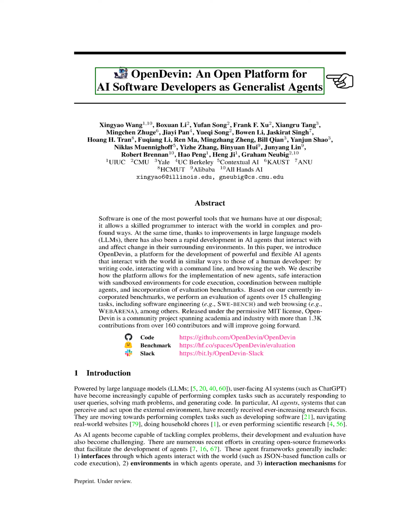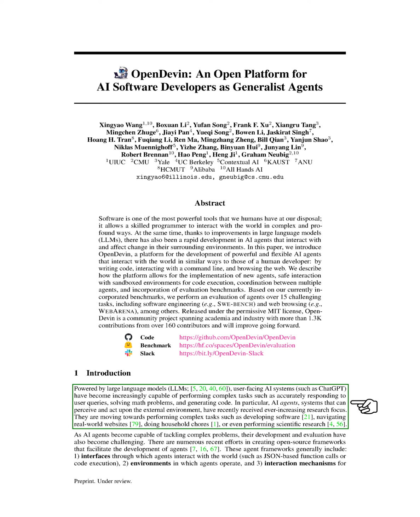Section: Introduction. In this section, we introduce the advancements in user-facing AI systems, particularly those powered by large language models, LLMs, like ChatGPT. These systems have become adept at handling complex tasks, including answering questions, solving math problems, and generating code.